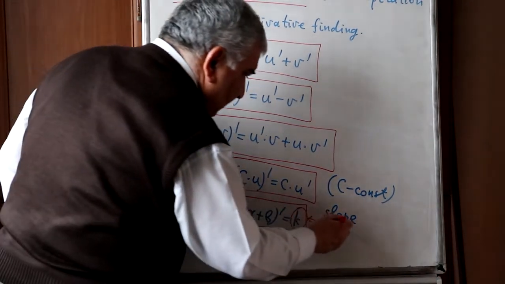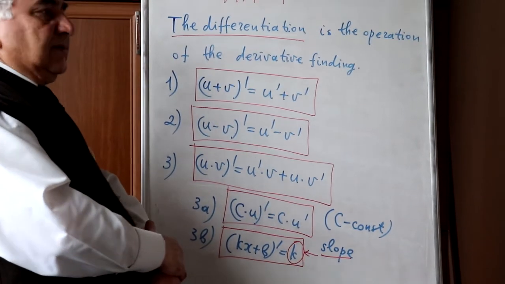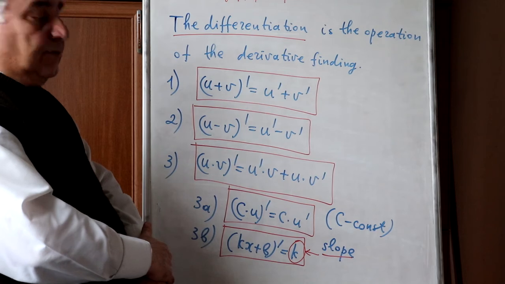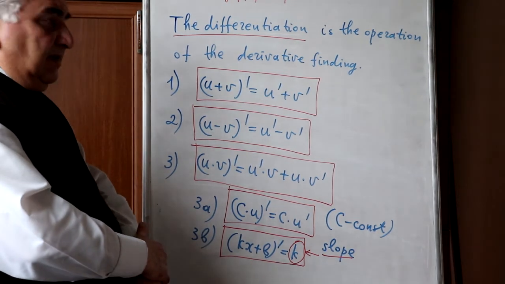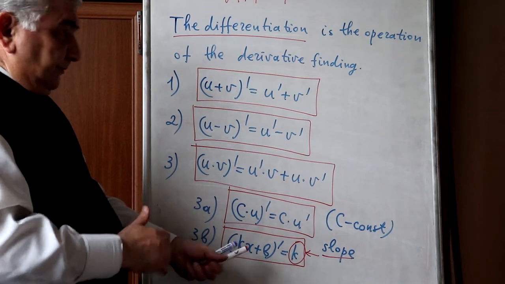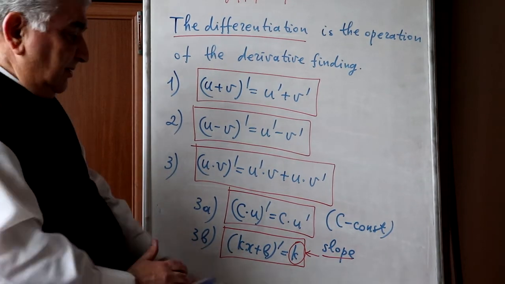Translation of the word slope is Azeri meyil, in Russian наклон. But here k is slope, in Azeri buçaq əmsalı, in Russian угловой коэффициент.